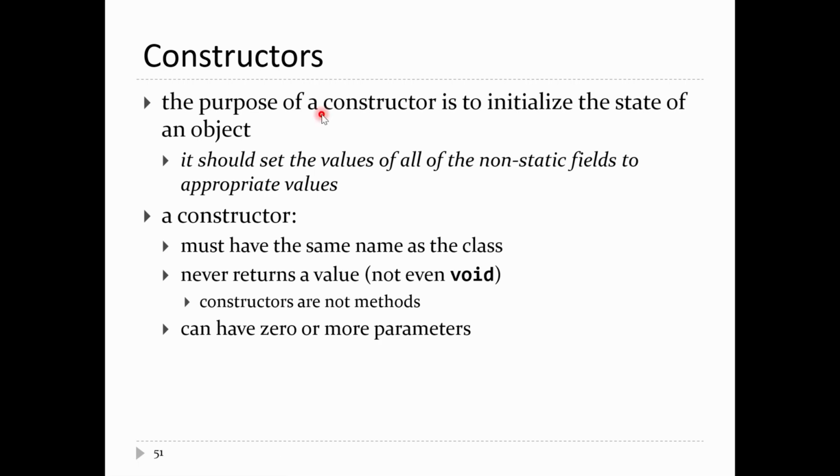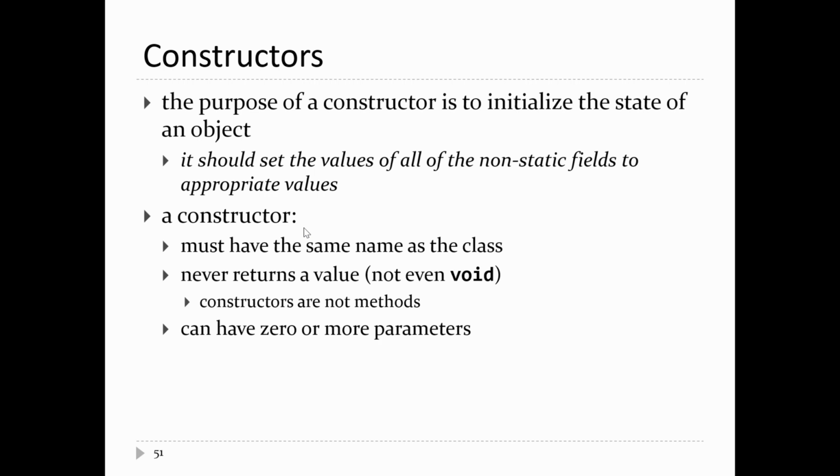What does the constructor do? So new makes the object. The constructor initializes the state of the object. So what is the state of the object? Well, it's just the value of its fields. So a constructor simply fills in the value for the fields. So new makes the object, and the constructor fills in the value of the fields of the object.